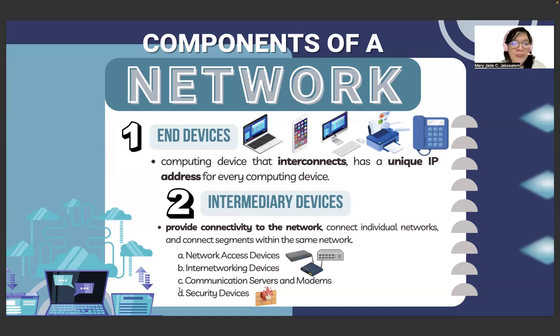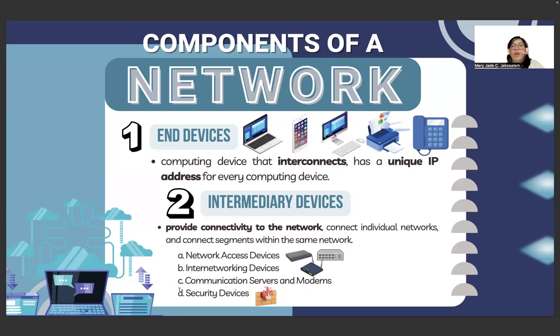So those are security devices. Think of them as a security guard. They try to control what's going in and out. One basic example, I believe you know this, is a firewall. I believe most of our computers have firewalls. Firewalls determine what goes in and out, especially when you're using the internet.